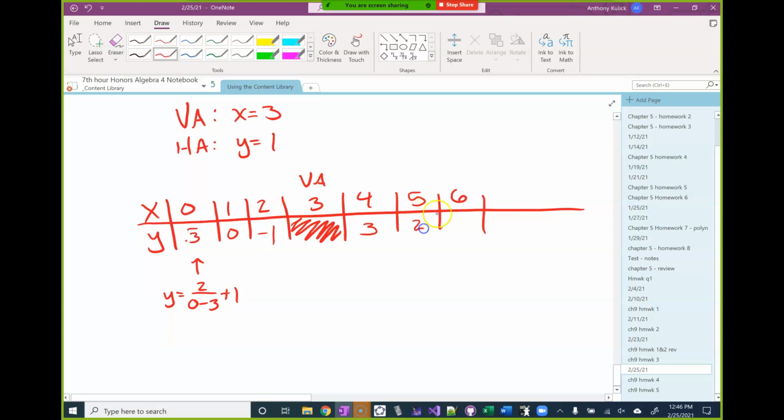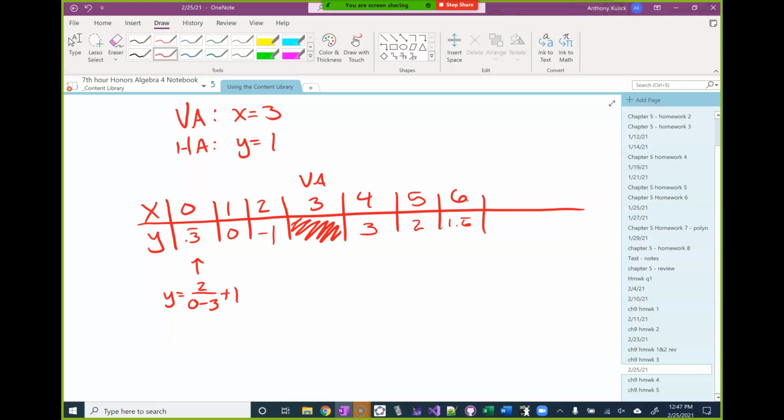If you need to use your calculator to do those things, you're more than welcome to do that, right? It's faster for me to just do it in my head than it is to pull up the calculator on the computer and use my mouse and pick the numbers, right? But you're welcome to use your calculator to come up with those points. That's not a big deal.